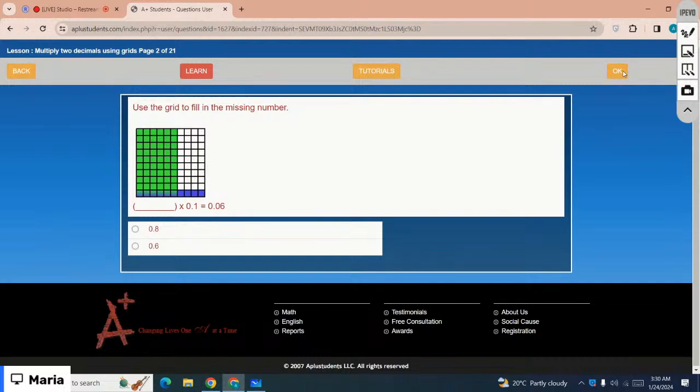So the missing number is, which is the missing number?